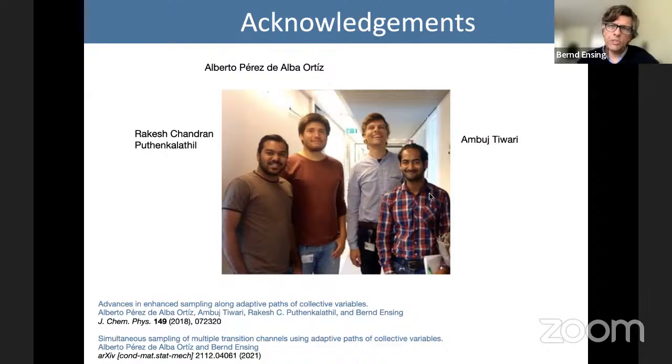And Ambush, so yeah, the hydrogenase example that I showed is actually from Rakesh, and Ambush worked a lot on both force field simulations using path collective variables, as well as DFT-MD work. And these are the two papers I'll be talking mostly about, or I will show results from these two papers maybe.